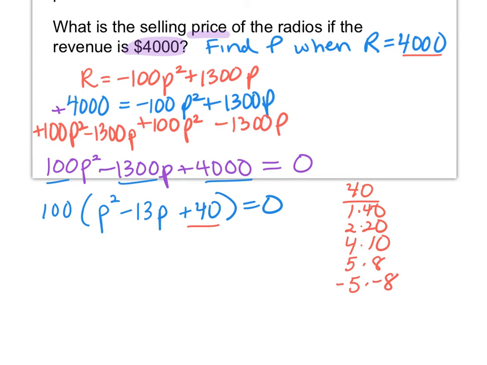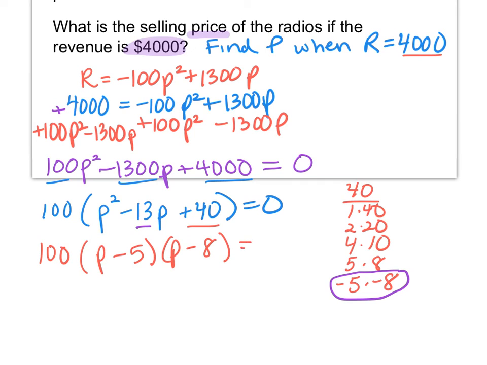And actually, I can tell right away that this pair of factors here, -5 and -8, will add up to the middle term. So this simple trinomial can be factored, leaving that greatest common factor of 100 out in front, into p minus 5 and p minus 8 equals 0.